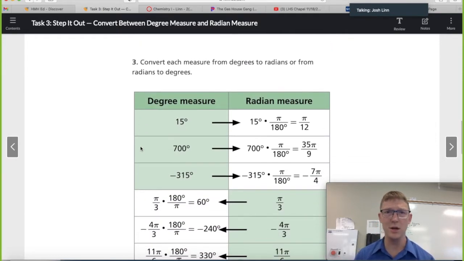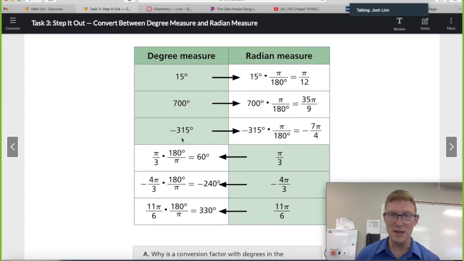Here are a couple examples. Degree measures: if we have 15 times pi over 180, that equals pi over 12 radians. 700 degrees, again, this all works the same way. Negatives work the same way as well. We've got negative 315 degrees times pi over 180 equals negative 7 over 4 pi.